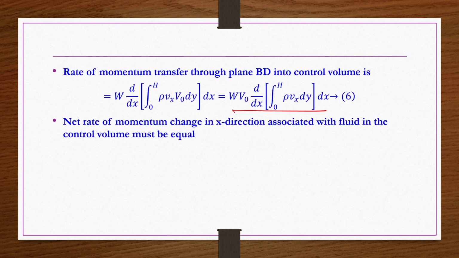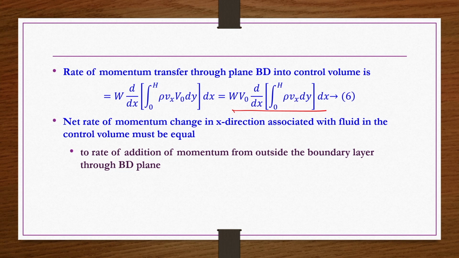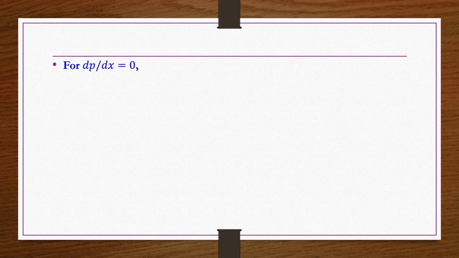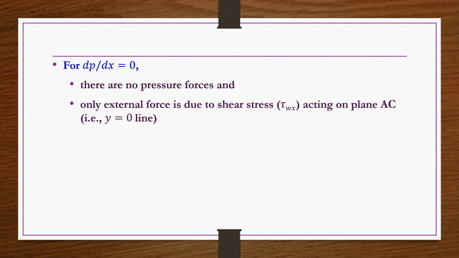The net rate of momentum change in the x direction associated with fluid in the control volume must be equal to the rate of addition of momentum from outside the boundary layer through the BD plane together with the net force acting on the control volume. For dP by dx equal to 0, there are no pressure forces, and the only external force is due to shear stress acting on plane AC, at the y equals 0 line, which we are calling tau Wx.